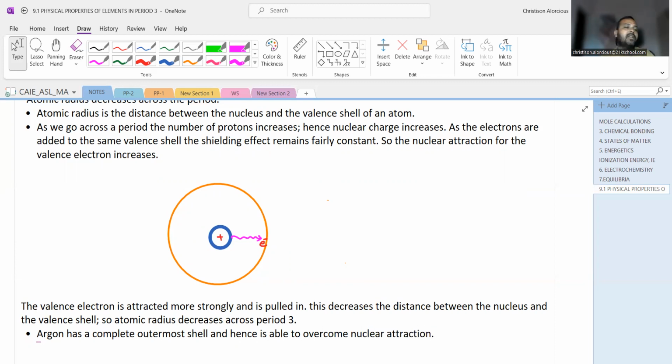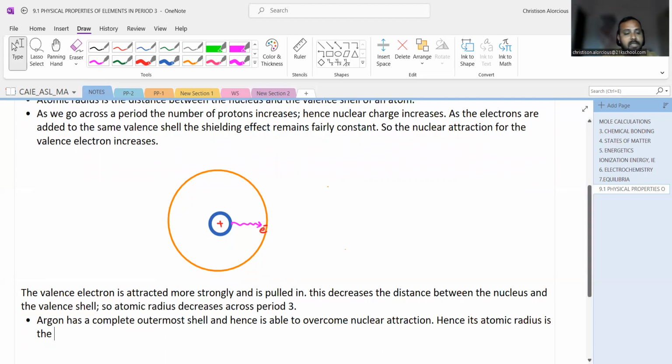Because if you keep the trend, argon has the most number of protons in this period, 18, which means the valence electrons of argon need to be very strongly attracted and hence maximum pulled in. But we say that argon has a complete outermost shell and hence is able to overcome the nuclear attraction. Hence, its atomic radius is the largest in period 3.